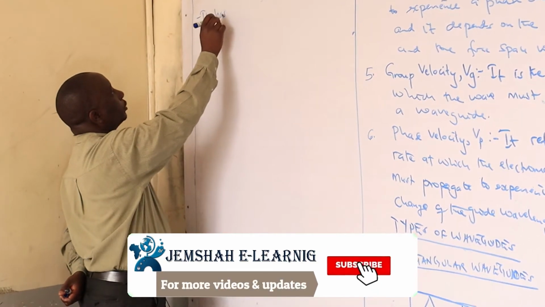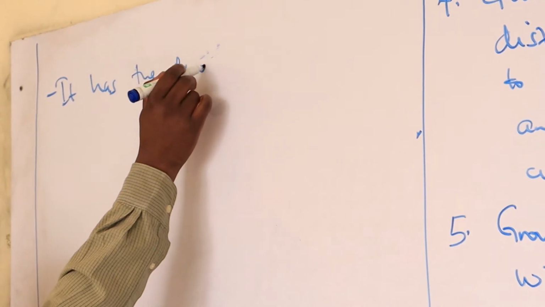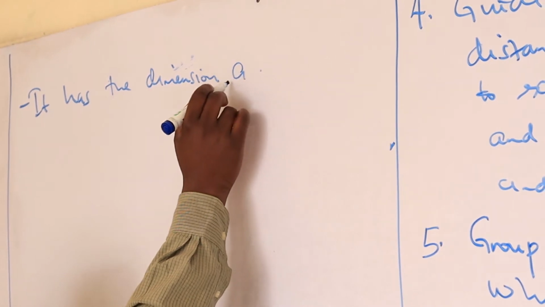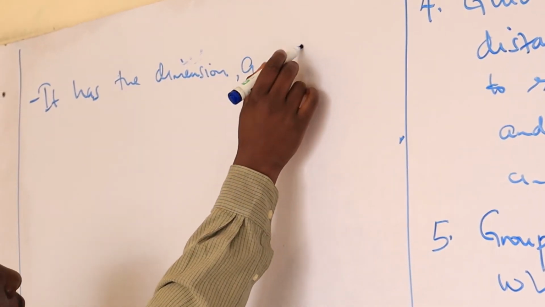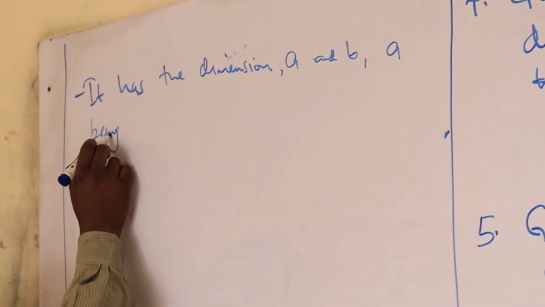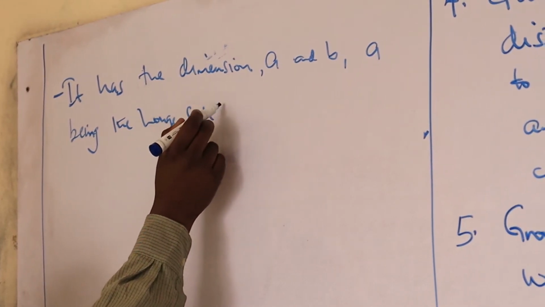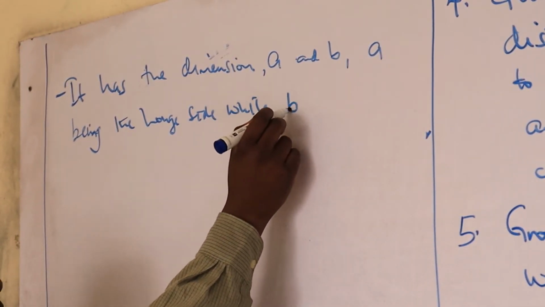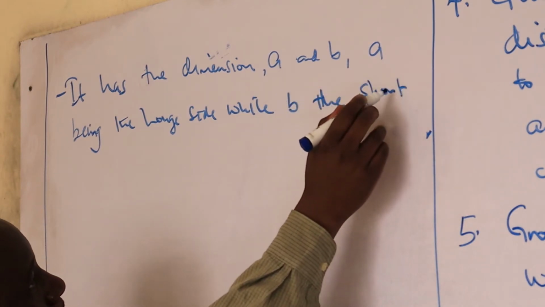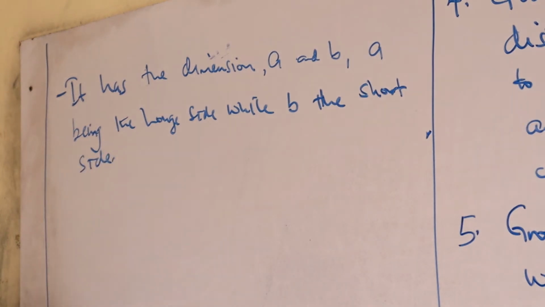It has the dimensions A and B, A being the longest side, while B is the shortest side.